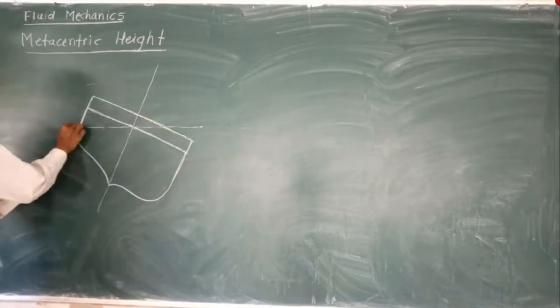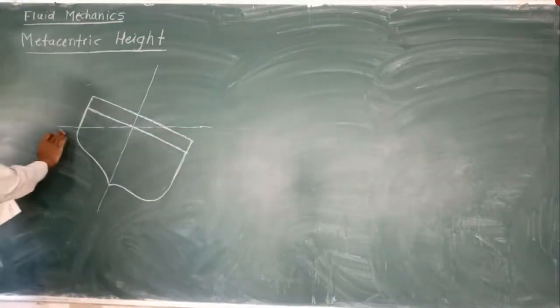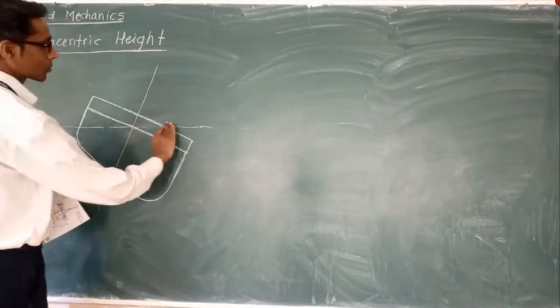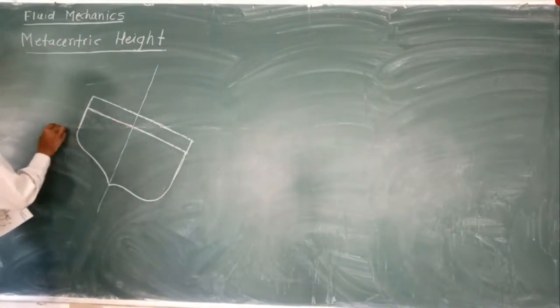So this horizontal line is a line parallel to the water surface.